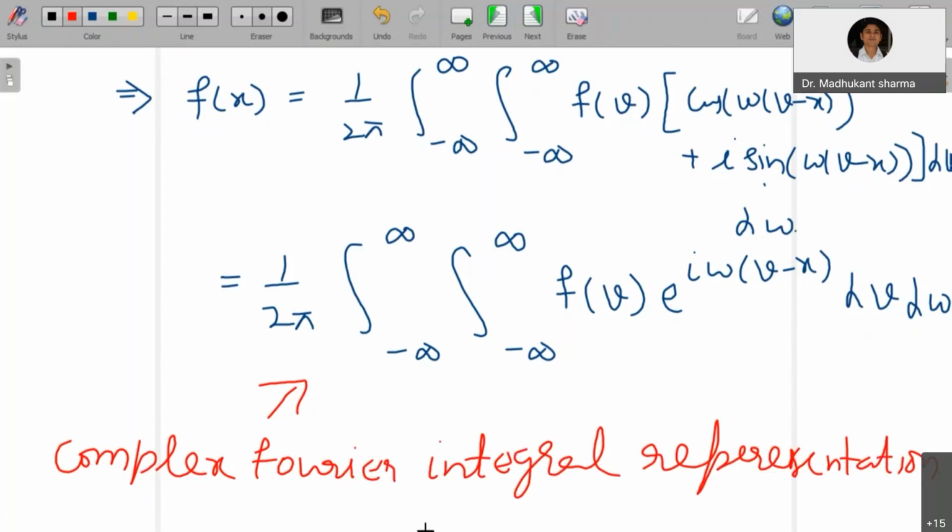Now, what we can do with this to define the Fourier transform will also be discussed now.